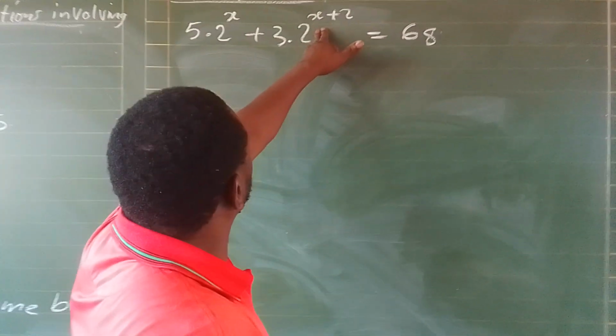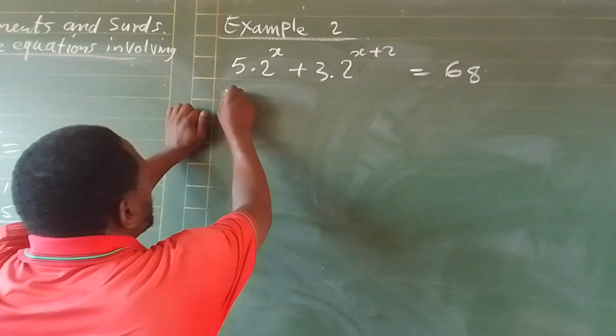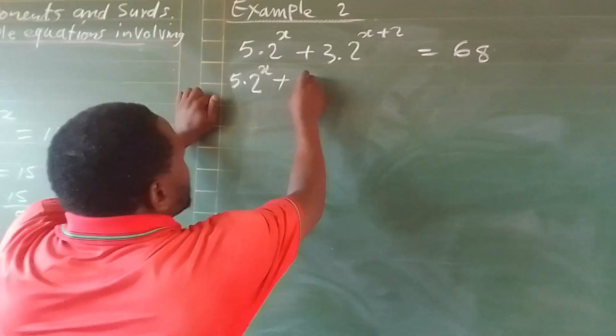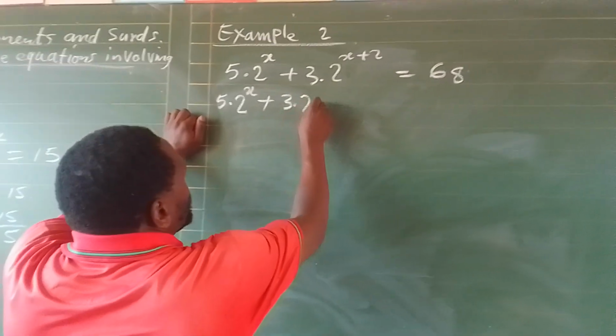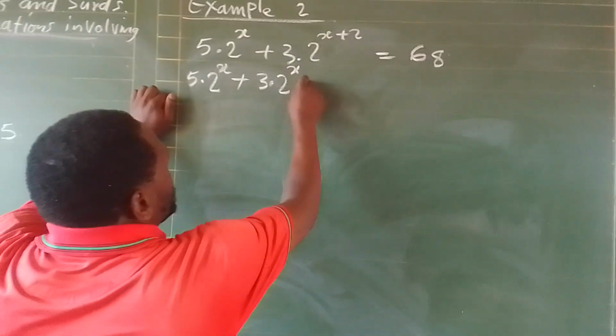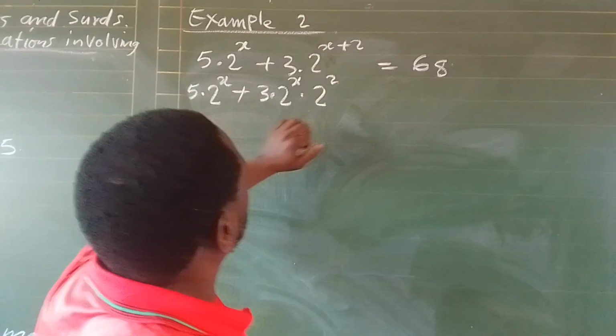Now you see there is a 2 to the power x involved inside here. So we're going to say 5 times 2 to the power x plus 3 times 2 to the power x multiplied by 2 to the power 2 here.